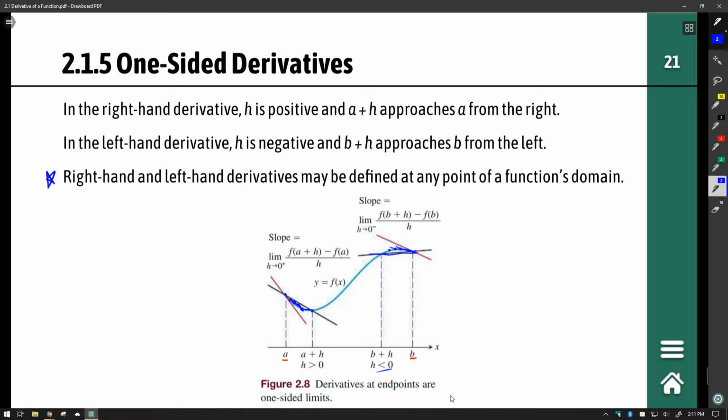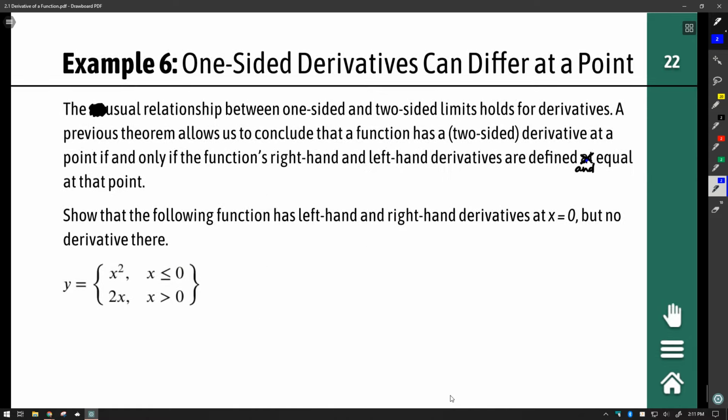Now, this is important as well. Right-hand and left-hand derivatives are not only defined at endpoints of intervals, but they can be defined at any point in a function's domain. To emphasize that, we have this usual relationship between one and two-sided limits that also holds for derivatives. So when we say the usual relationship between one and two-sided limits, here's what we mean.